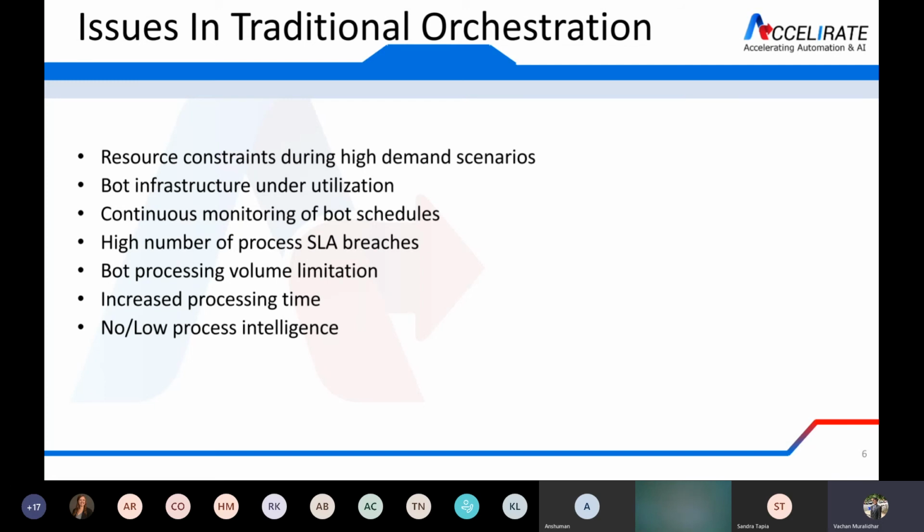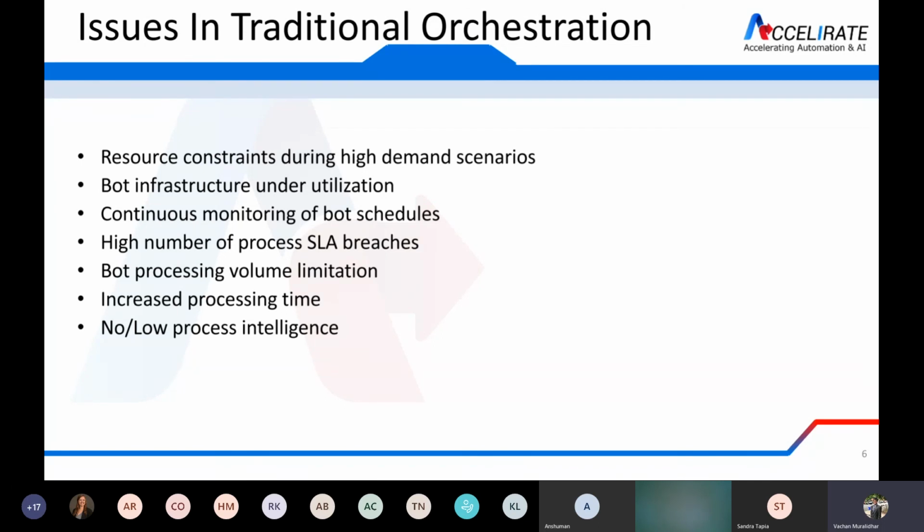And the third is that in the traditional orchestration, continuous monitoring of bot schedules is required, because they are not sure about the volumes and they need to keep an eye on the bot schedules on a daily basis in order to see where they can improve the efficiencies and operations and all those things.